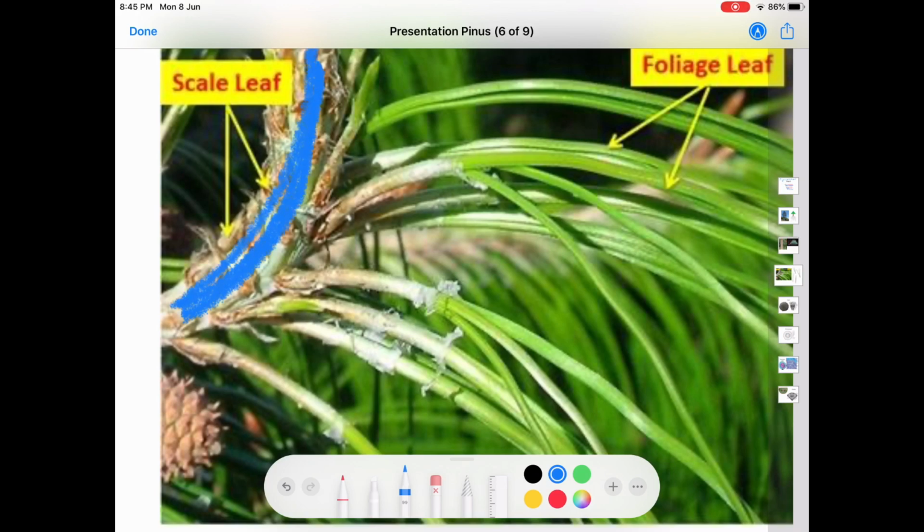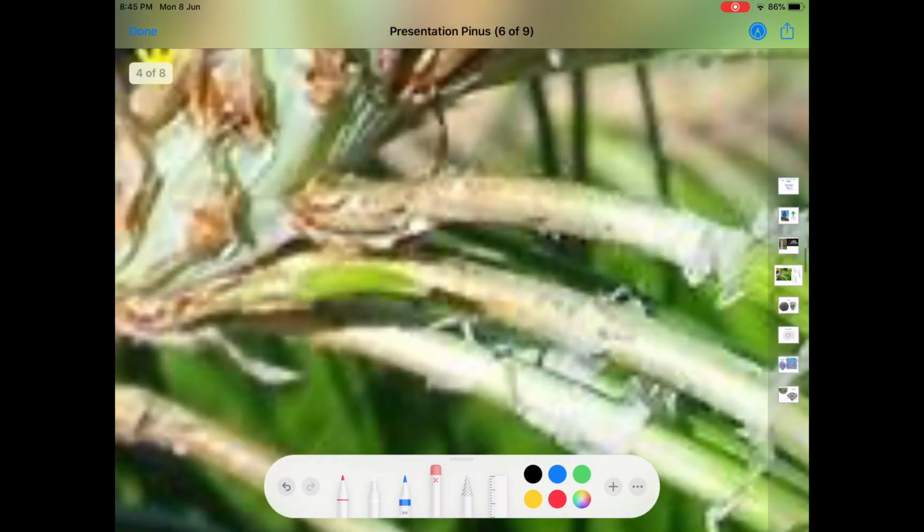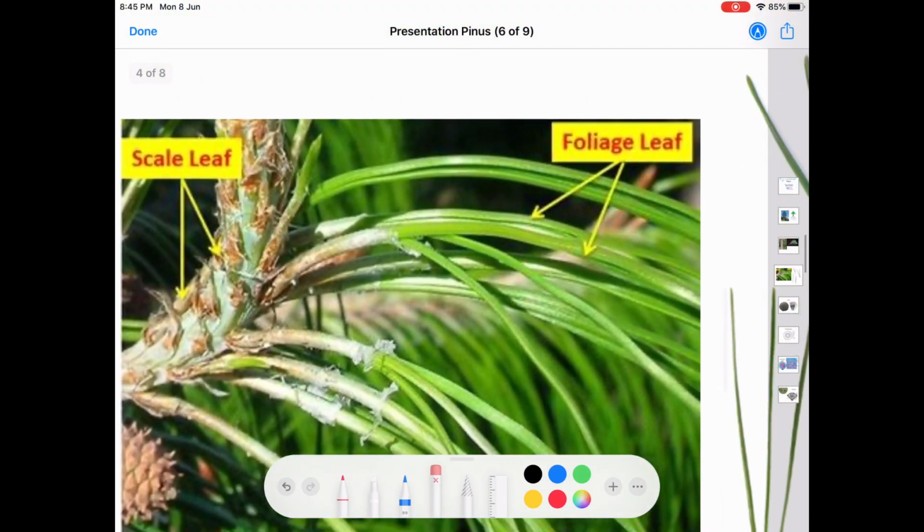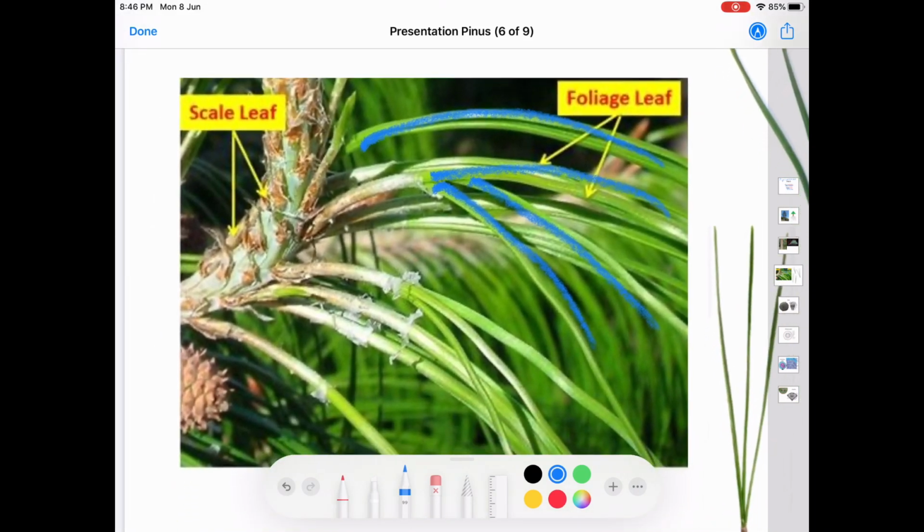This is the long shoot and this is the spur shoot or foliar spur or the dwarf shoot. Here you can see the cataphylls, prophylls and the needle. This green colored region is the needle, and these needles are the foliage leaves of the plant Pinus.